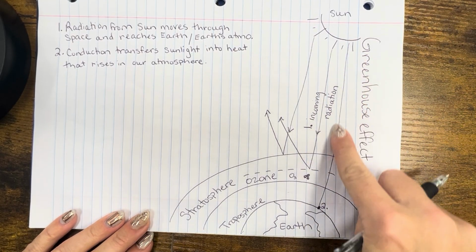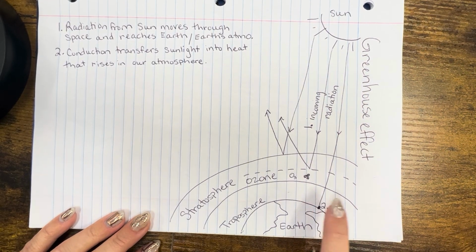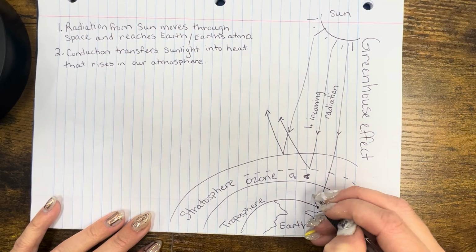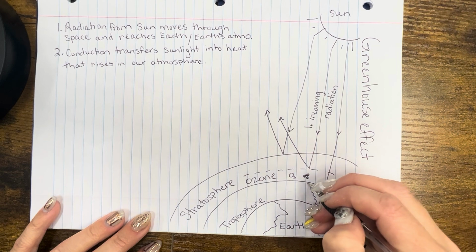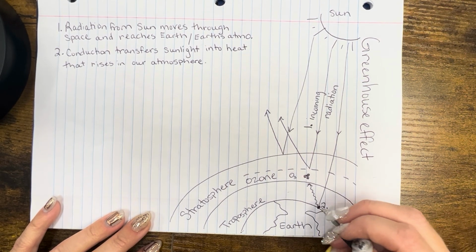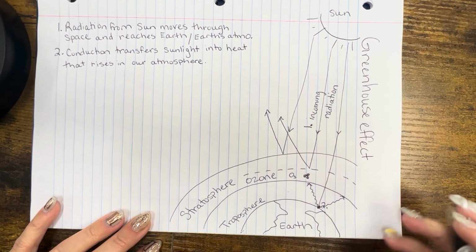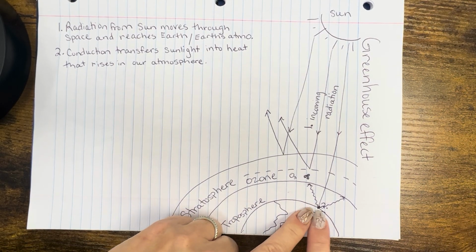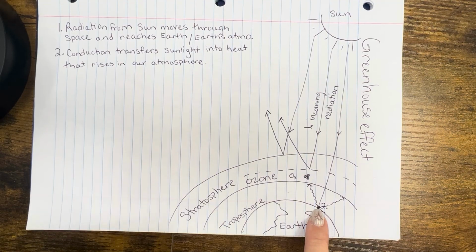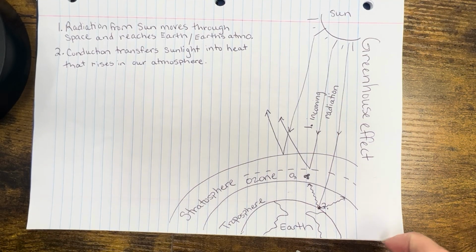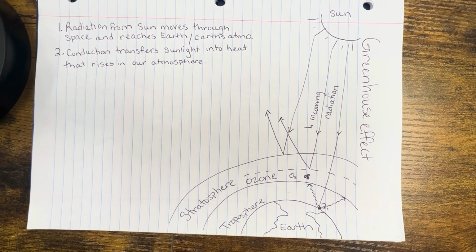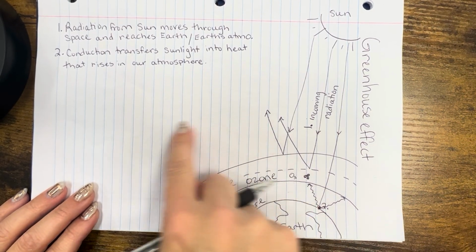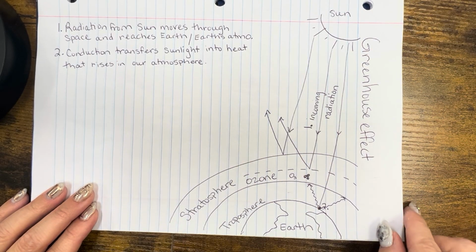You have that sunlight changing into heat, into infrared radiation. That infrared radiation begins to rise. Because remember, when we think about our electromagnetic spectrum from last year, we had infrared radiation, we had visible light, we had ultraviolet radiation, all right next to each other.